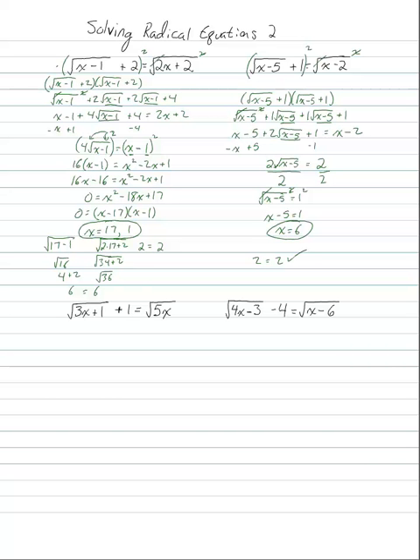Okay, let's just continue making it evil. Let's try the next one. I got square root of 3x plus 1 equals square root of 5x. Again, might as well just start off squaring it, since no matter what, I'm going to have to FOIL with the square root. So I'll write it out twice.